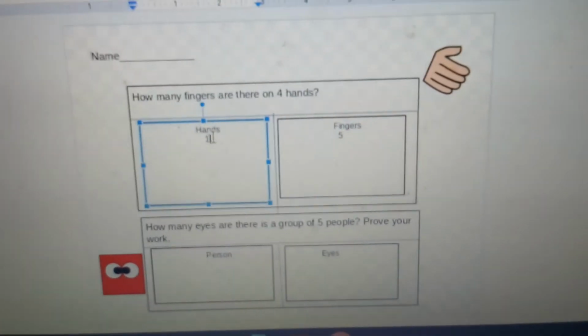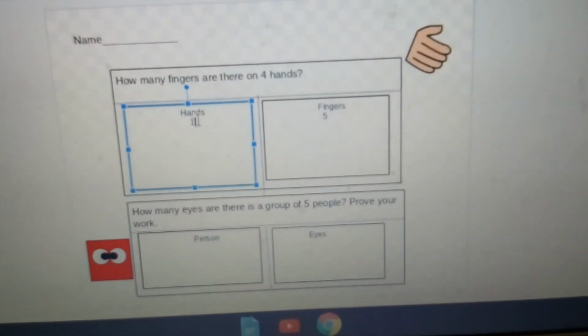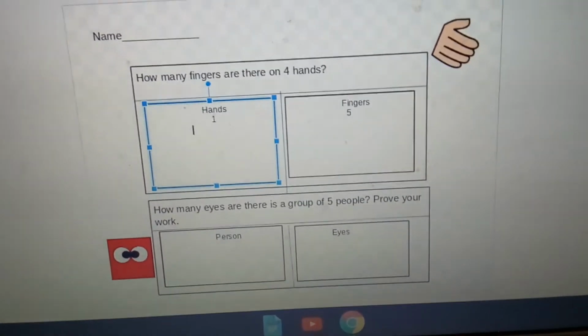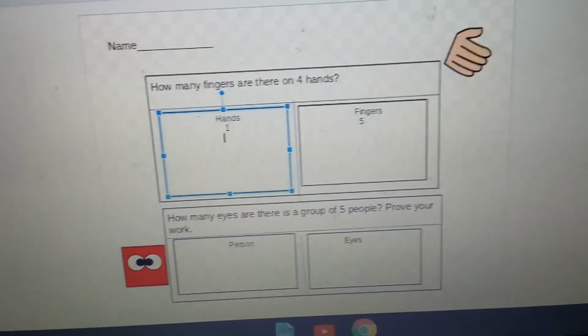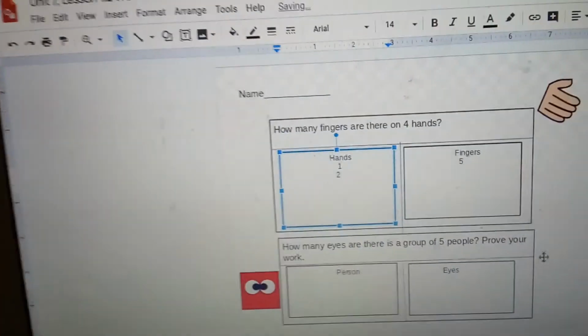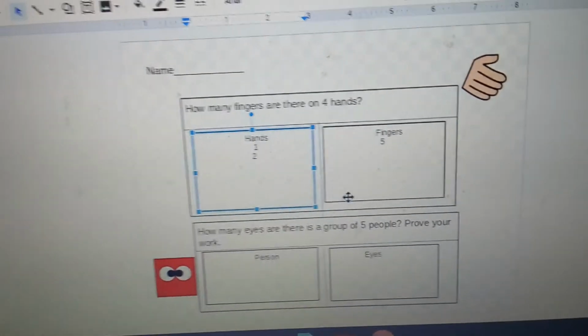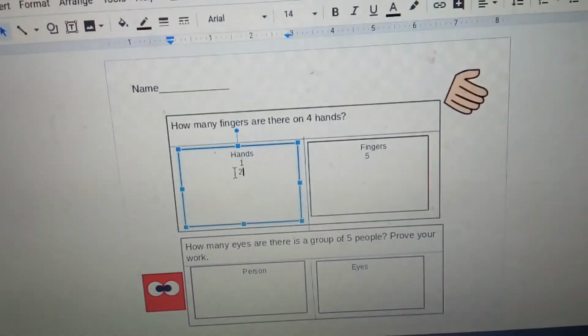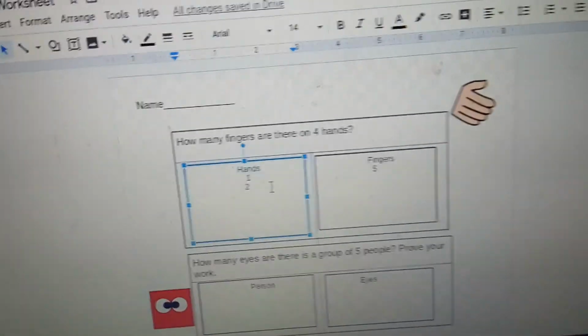Now, what about 2 hands? I'm going to go down again. So I'm going to put my 2 here, because now I want to find what 2 hands have. So I have my 2. And we can even look at our own hands if we're unsure.